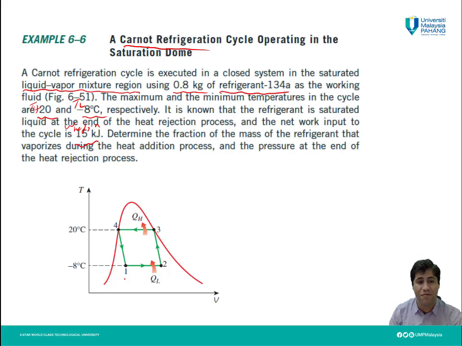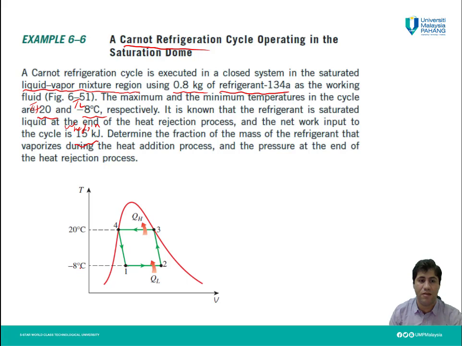And the direction of the cycle, as I discussed earlier, is in this direction for a Carnot refrigeration cycle. Initially, its temperature is negative 8 degrees Celsius. Then the first process is an isothermal process, 1 to 2.